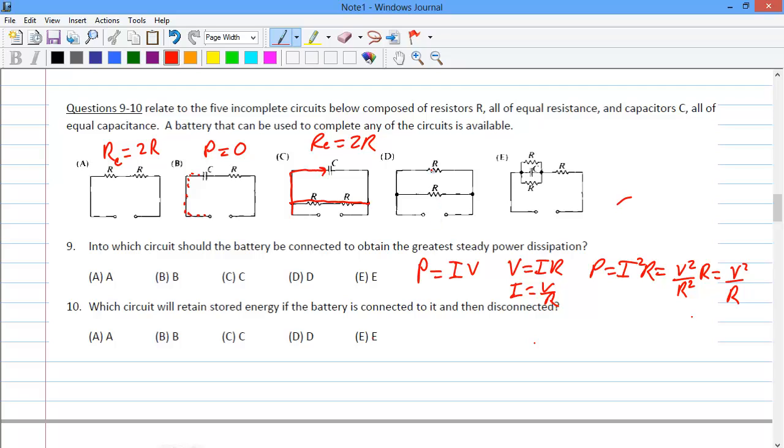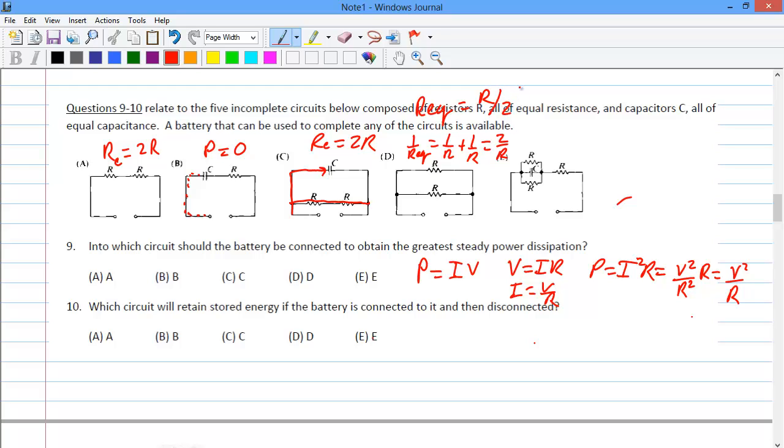On the second one, we have resistors that are in parallel. So the resistors in parallel are going to give us 1 over R equivalent is 1 over R plus 1 over R, and so that's just 2 over R. So that means that the equivalent resistance is R over 2.